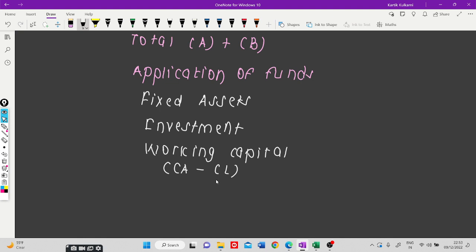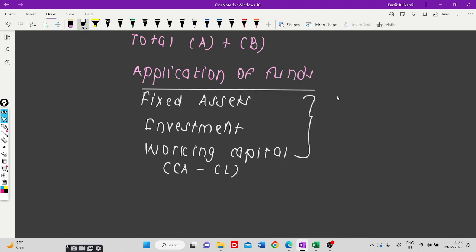Working capital is current assets minus current liability. Taking the total of all these, we will get the total of assets, that is application of fund.